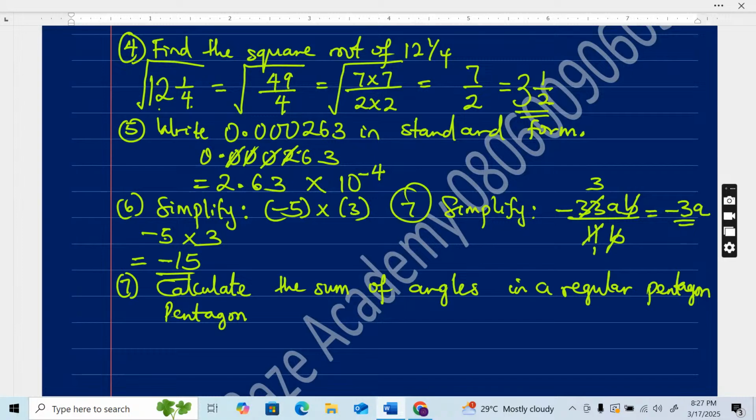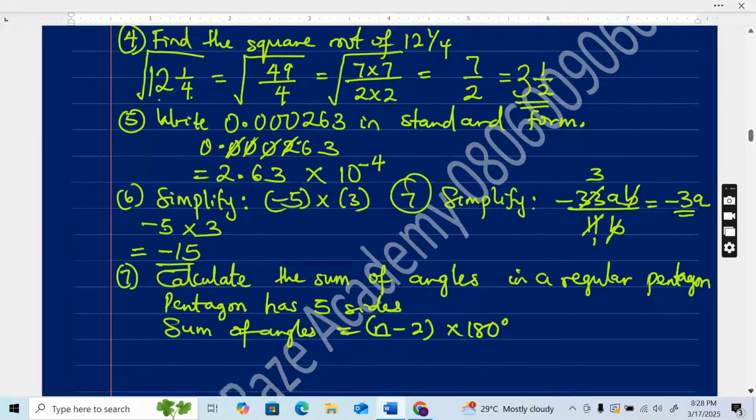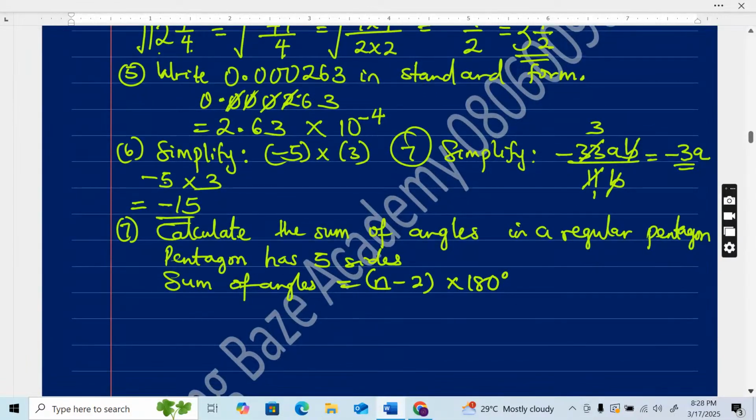A pentagon is a polygon of 5 sides. Now, the formula for calculating the sum of angles in a polygon is n minus 2 times 180 degrees.